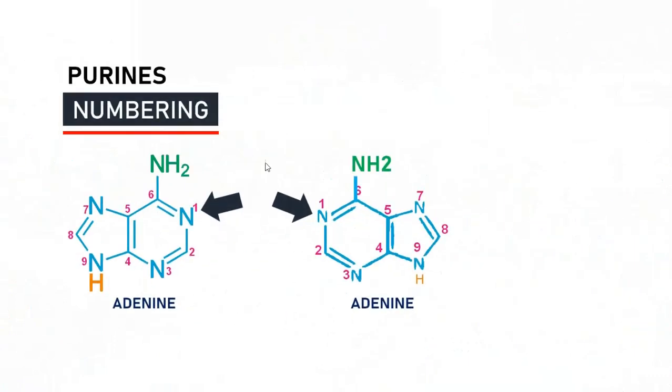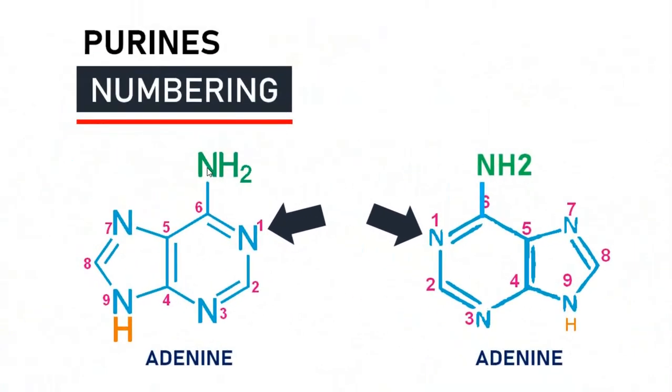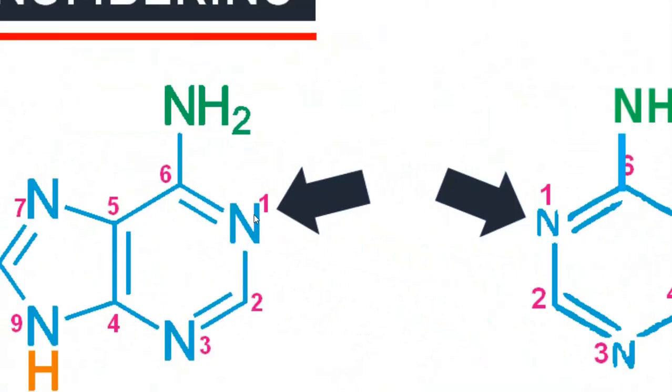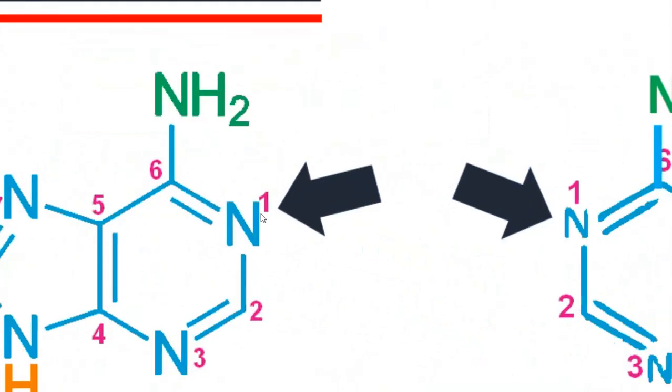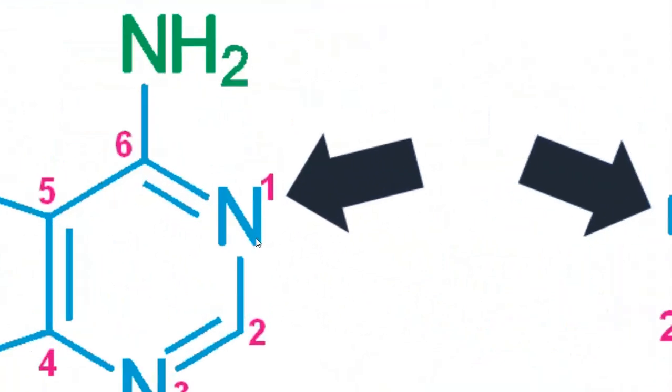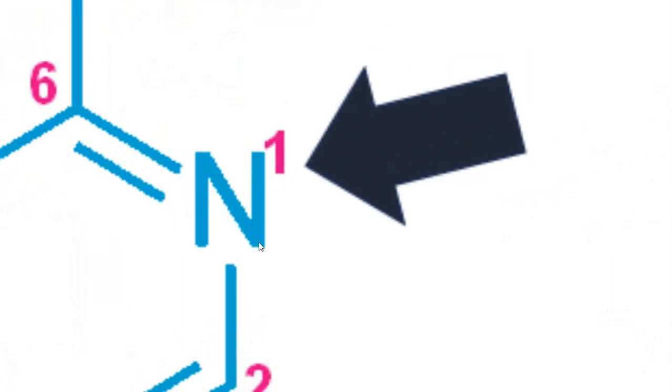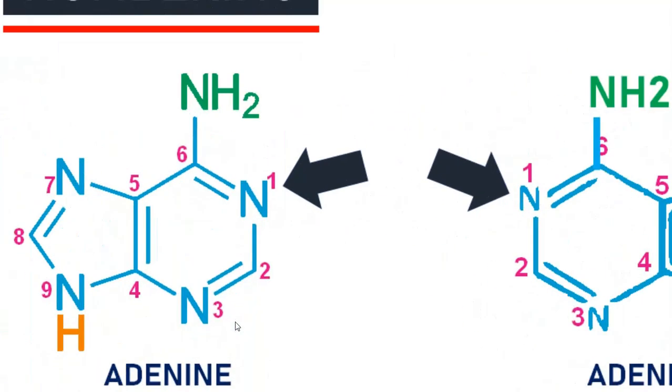Then coming to the numbering in the case of the purine, the basic things now let us see. In the case of the pyrimidine ring, it is with 2 nitrogens. Then we have to consider the nitrogen which is present at the top position as labeled N1. And we have to ensure that the other nitrogen gets the least number.